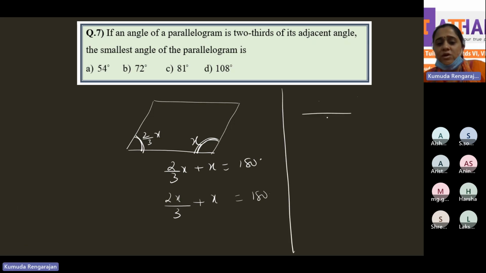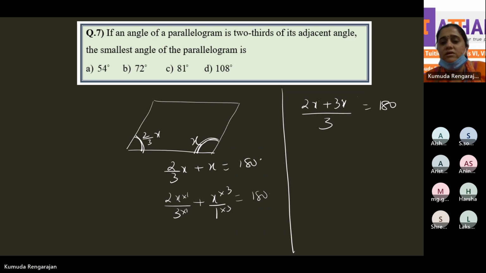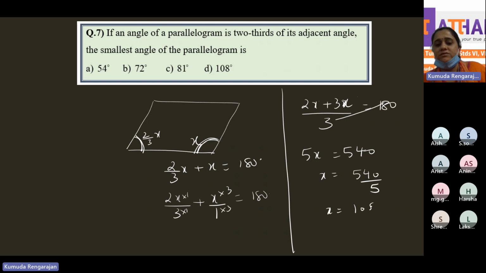So you will get 2x plus 3x by 3 is equal to 180. 2x plus 3x is 5x is equal to, cross multiply, 540. x is equal to 540 by 5. x is equal to 108.